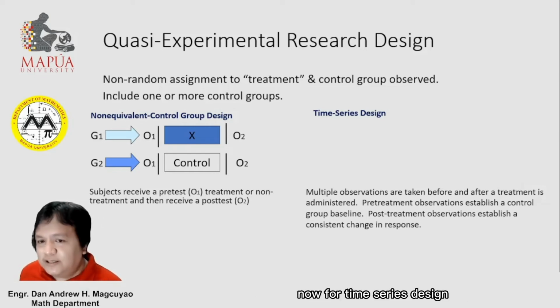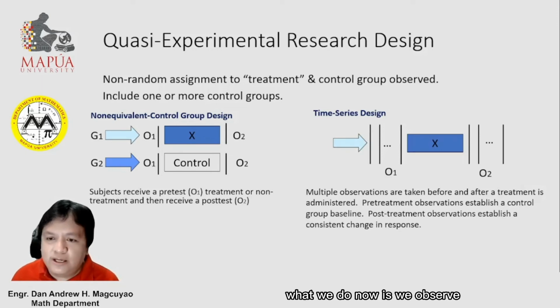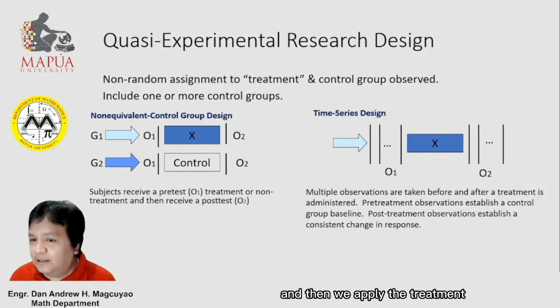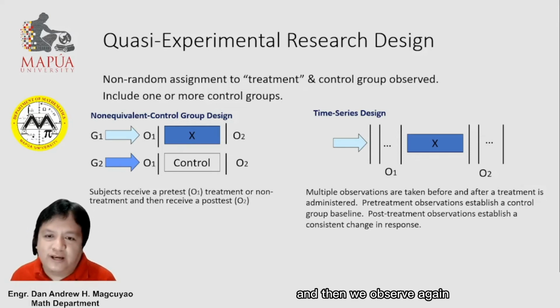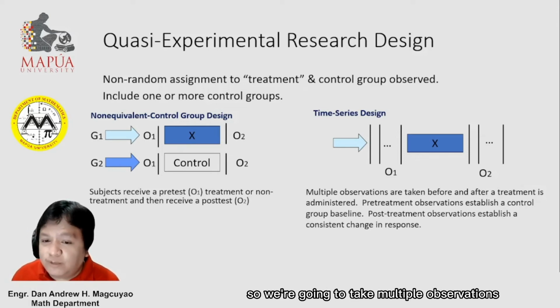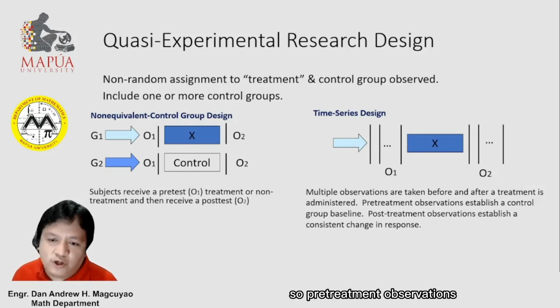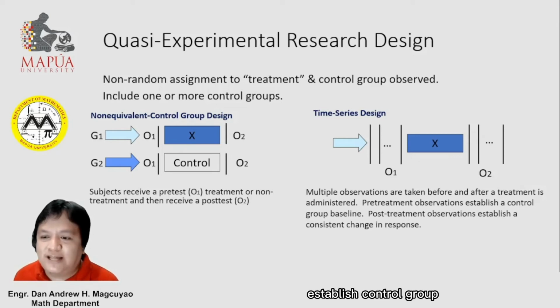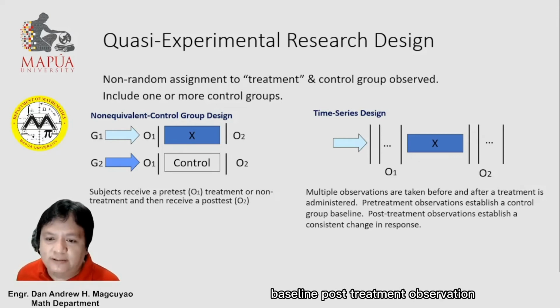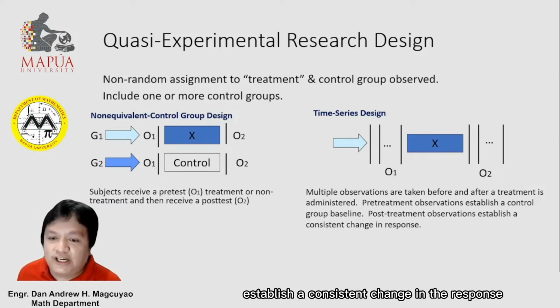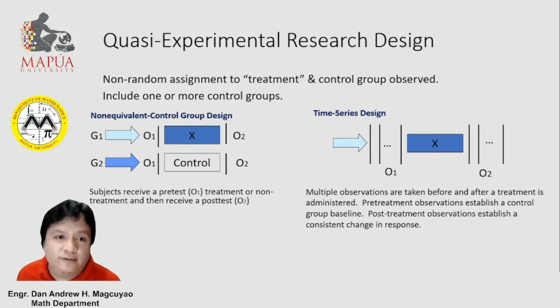Now for the time series design, what we do is we observe and then we apply the treatment and then we observe again. So we're going to take multiple observations, and after each treatment, we observe again. So pre-treatment observations establish the control group baseline. Post-treatment observations establish a consistent change in the response.